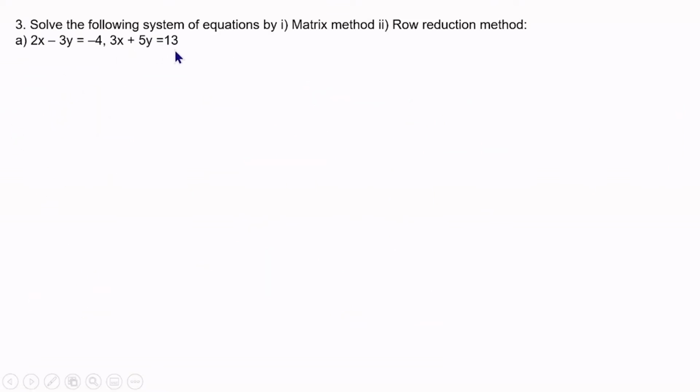Next question, solve the following system of equations by matrix method and row reduction method. First subdivision, 2x minus 3y equal to minus 4 and 3x plus 5y equal to 13. First we will solve using matrix method and then using row reduction method. So first is matrix method.